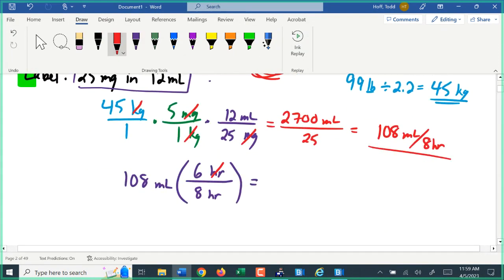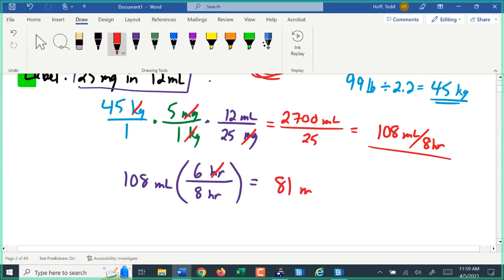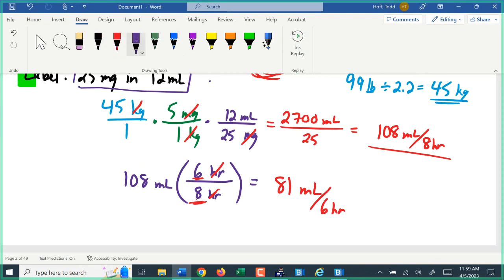They're both hours, they cancel out. We take the 108, times 6 and divide it by 8 to get 81. This is now 81 milliliters, and we have changed the time frame from 8 hours to 6 hours. So this is now every 6 hours. And again, that is the maximum dosage for the 6 hour period.